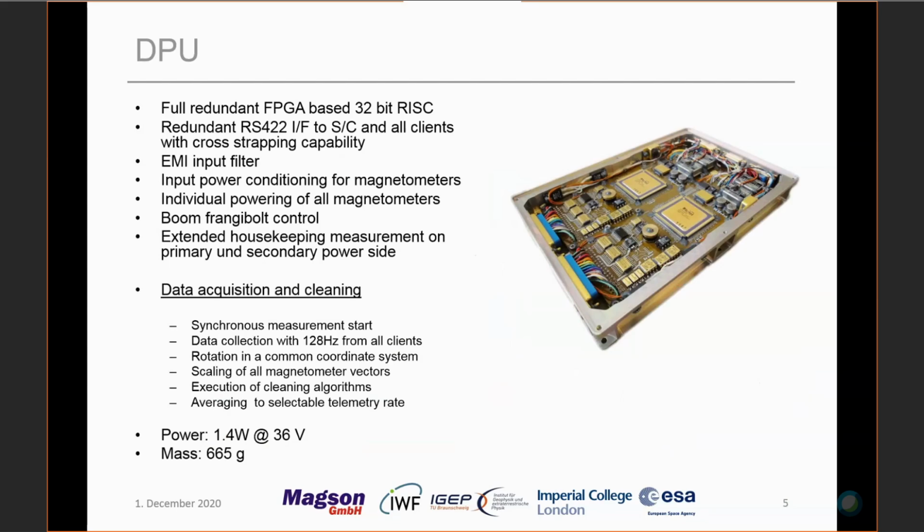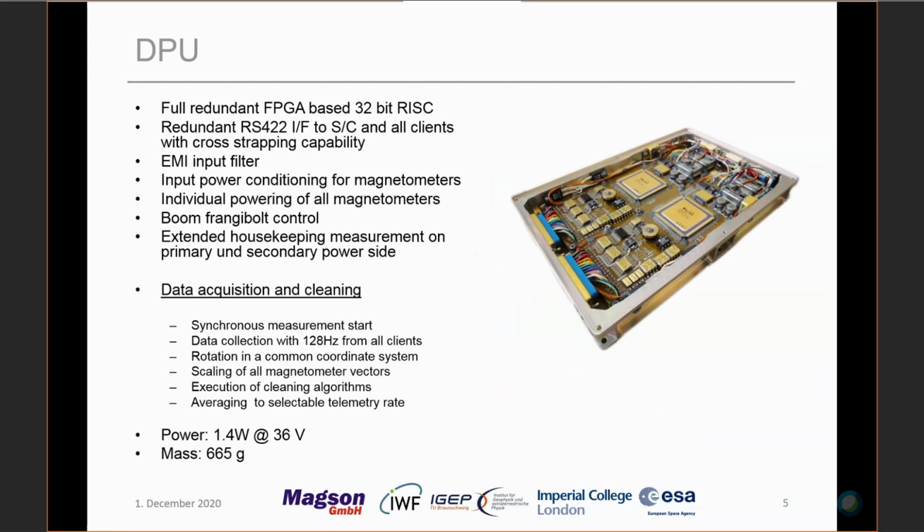But the main task of the DPU is the data acquisition from the magnetometers and the execution of the cleaning algorithm. For that, the DPU starts the measurement synchronously in all magnetometers. The magnetometers send the data with 128 Hertz to the DPU.